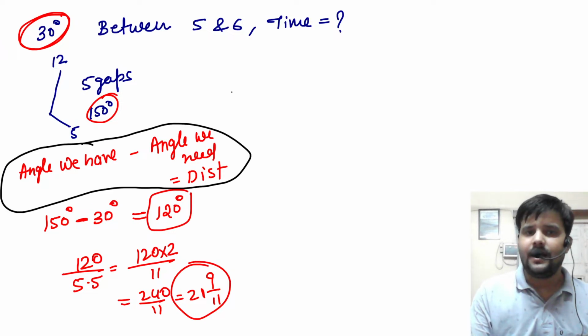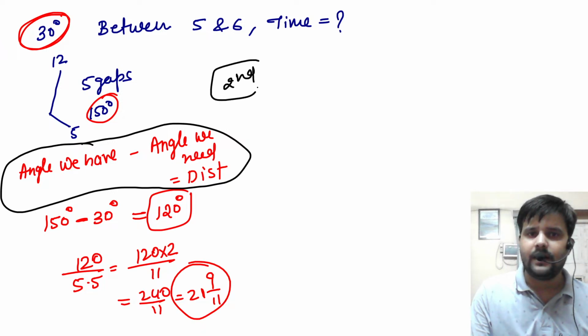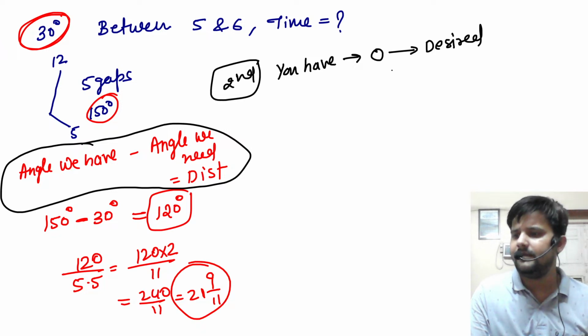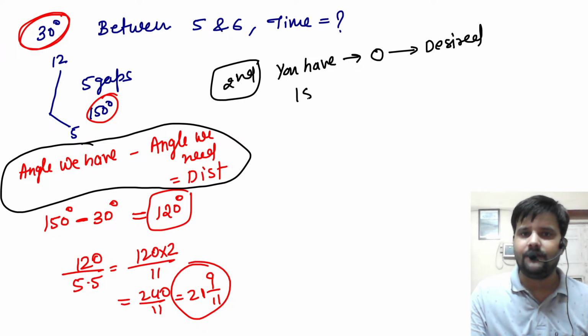Getting my point? Now for the second time, what you'll do is go from the angle you have to 0, then 0 to the desired angle. So you have 150. From here you will go to 0, and then from 0 you will go to your desired angle, that is 30.